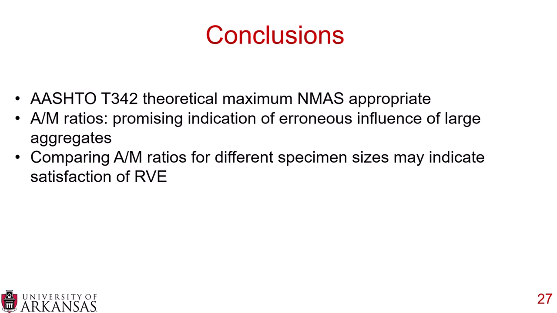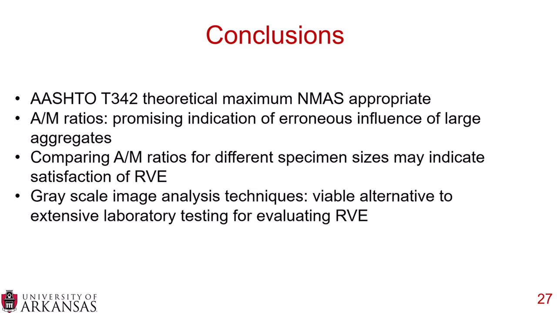If we're looking at potential specimen geometries for tests, we could just take a picture of it and run a grayscale analysis, and this could give us some preliminary indications, especially if you're trying to downsize a test, because it could give some promising indications of erroneous influences of large aggregates. We also feel that comparing these aggregate to mastic ratios for different specimen sizes may indicate the satisfaction of representative volume element, which is important. We want to make sure we have a representative sample when we're running a test.